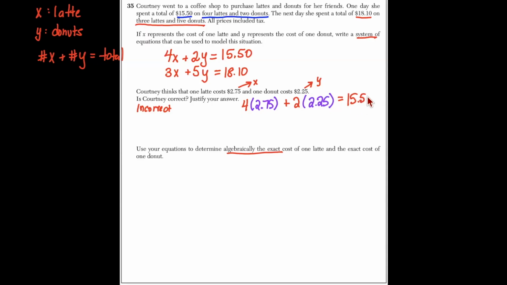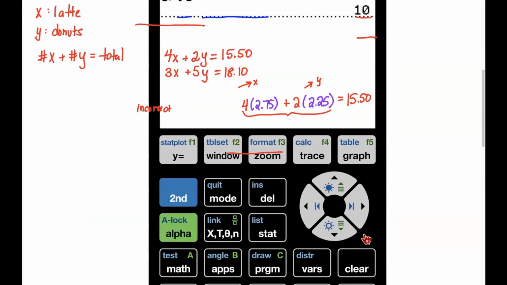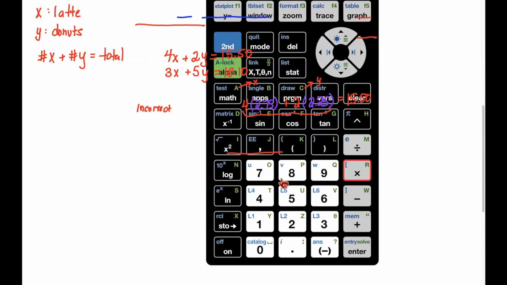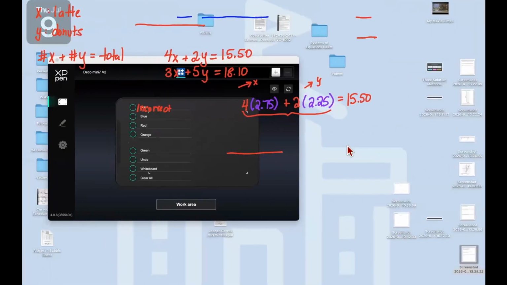Now, I'm feeling kind of lazy, so I'm going to stick it in my handy dandy calculator. 4 times 2.75 plus 2 times 2.25 equals, look at that, 15.50, or 1550.